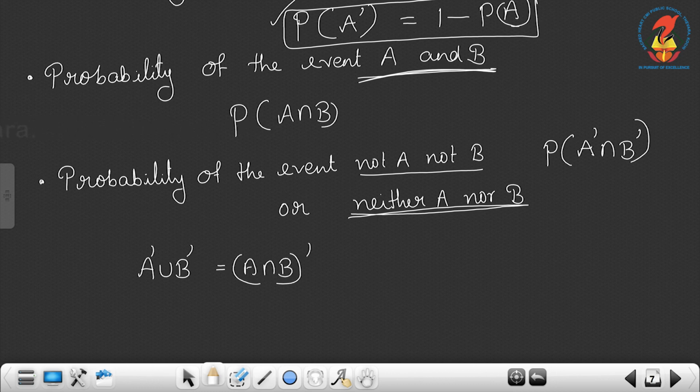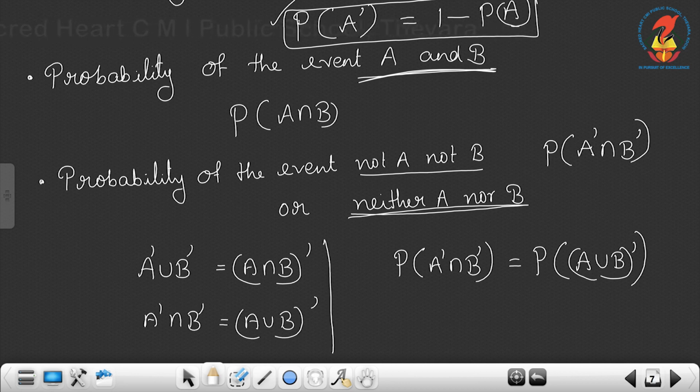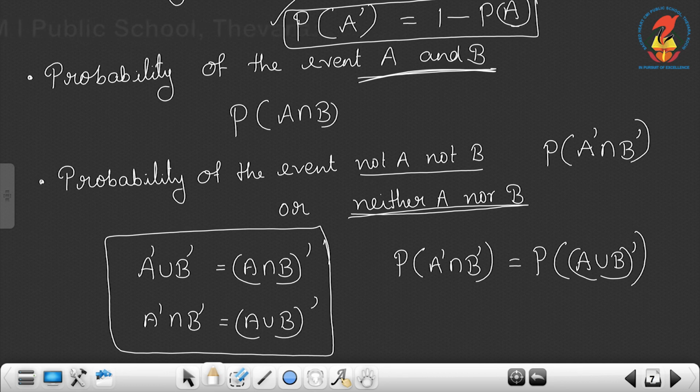Here we have P of A complement intersection B complement, which by De Morgan's law we can write as P of (A union B) whole complement.